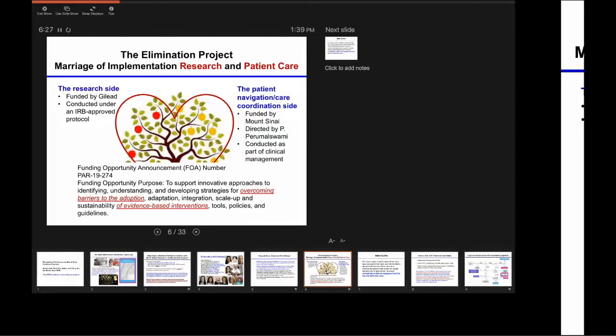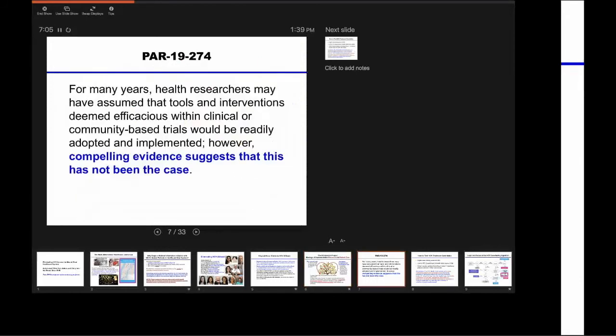If we had great diagnostic tests, people would be diagnosed. But it turns out that's not the case. Finally, NIH has caught on to this and started supporting projects. This is what the program announcement says: for many years, researchers have assumed that tools and interventions efficacious within clinical and community-based trials would be readily adopted. However, compelling evidence indicates this is not the case.